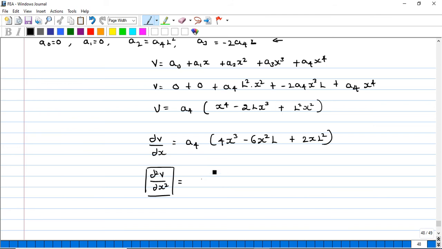That is, I will be getting it as a4, 4 into 3, that is 12 x square, minus again 2 into 6, that is 12 xl, and x will be only x, it will be 2l square. Okay, so this I will consider as equation number 6.